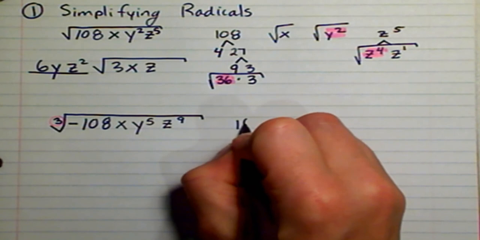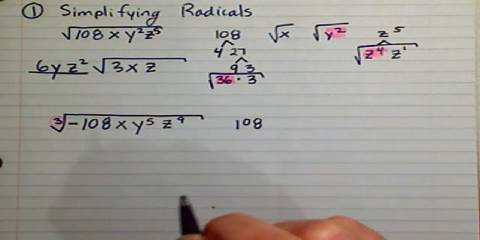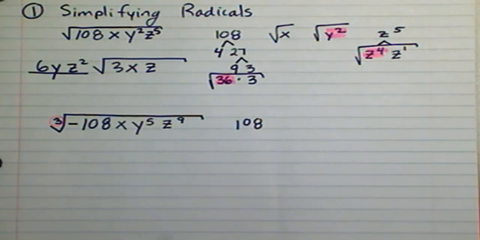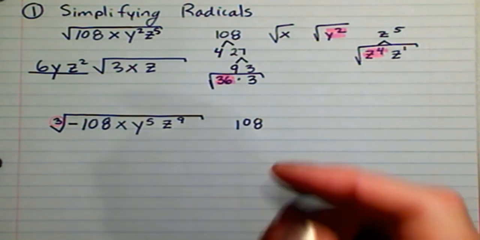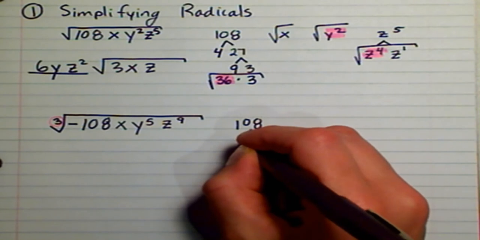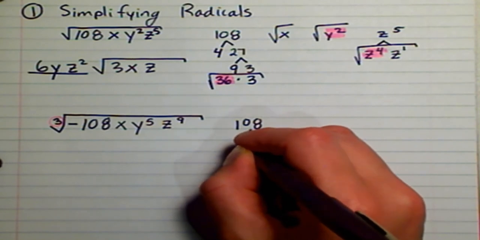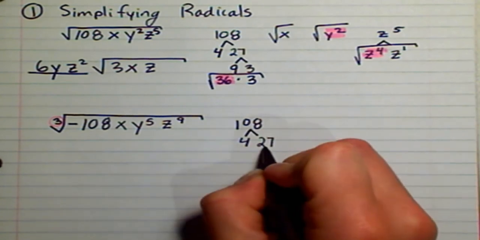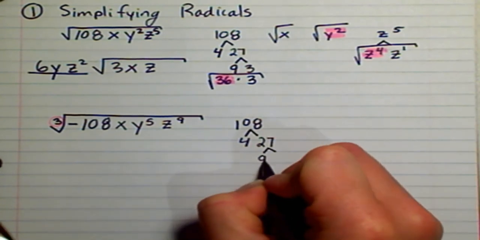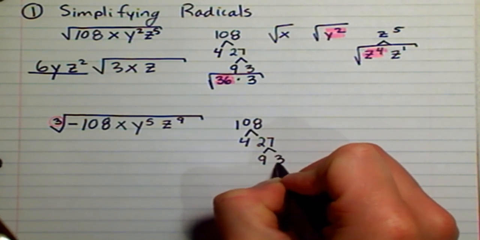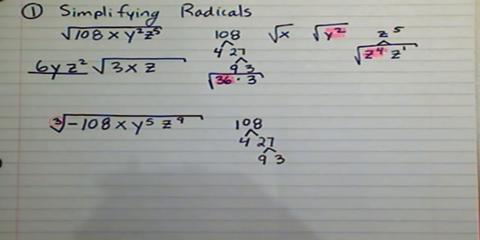And so I'm going to start with 108. And I'm still going to look for a perfect square and then see if there is another number. Well, I could still write 4 and 27, but 27 is 9 times 3. Okay, there's the perfect cube.